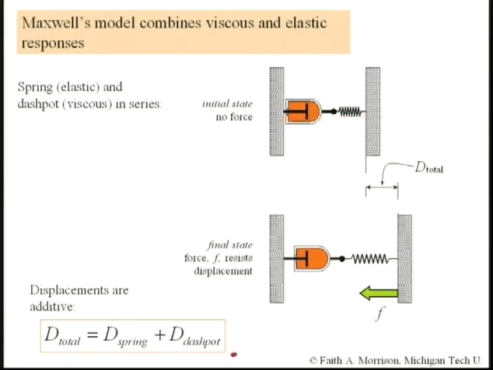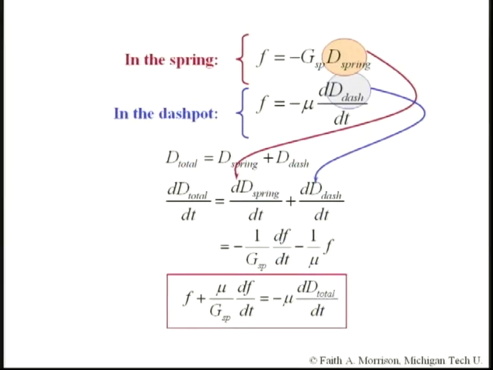So we add up the displacements of the spring and the dashpot, a little bit of algebra, and we get a force displacement equation that's very familiar in mechanical engineering. Between terms that involve the force, those come from the viscous terms. And a term that involves a derivative of the force, those come from the spring terms, and the derivative of the displacement.